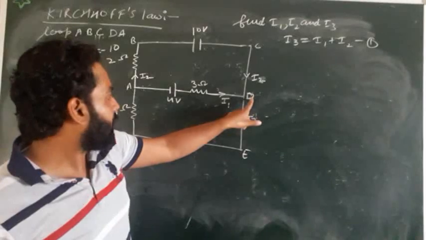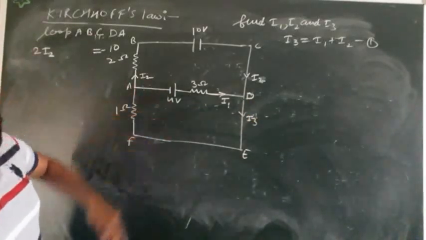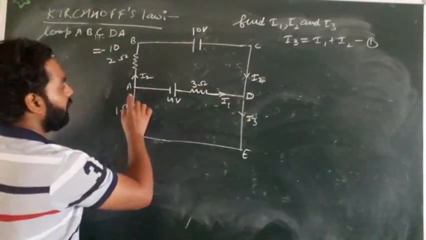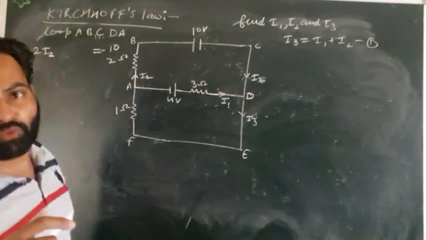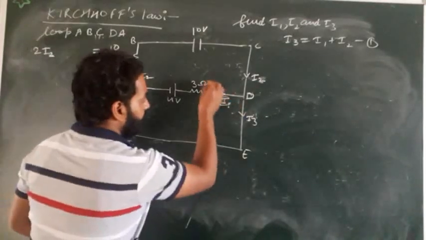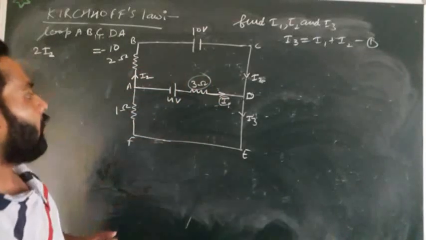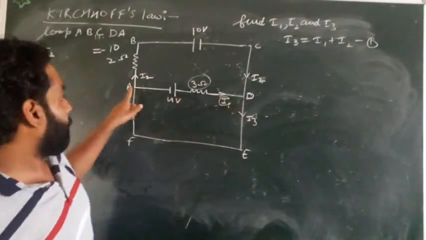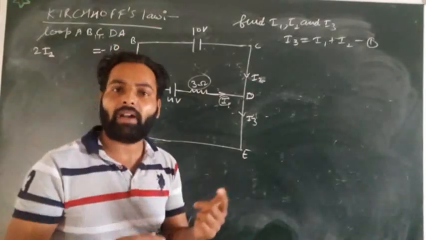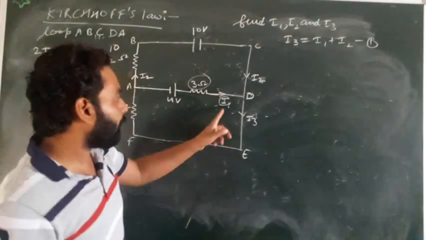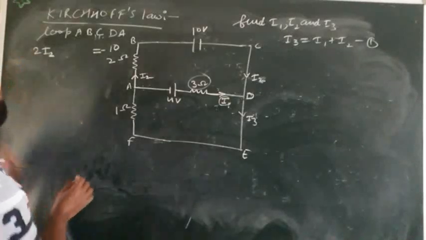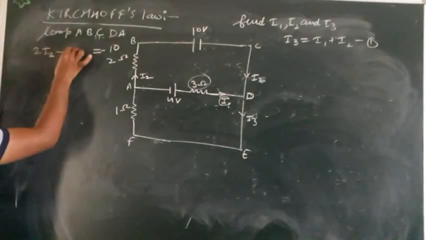Now when we move from D to A, the loop moves from D to A, but the current moves from A to D. The direction of current and direction of loop are opposite to each other, so the product of current and resistance is taken as negative. So here it comes out to be minus 3I1.